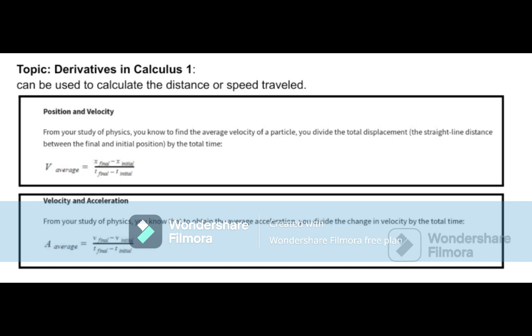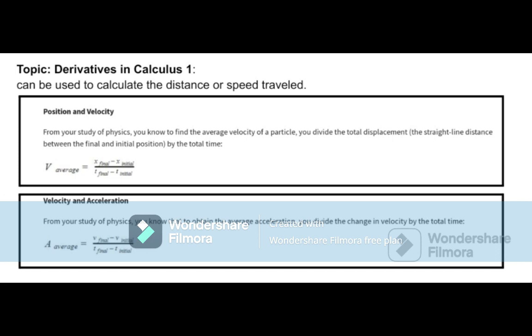Following the formula, the average velocity equals the final x minus the initial x, divided by t final minus t initial. Essentially, if we look at a position-time graph, the average velocity is the slope of the secant line between 2 points.